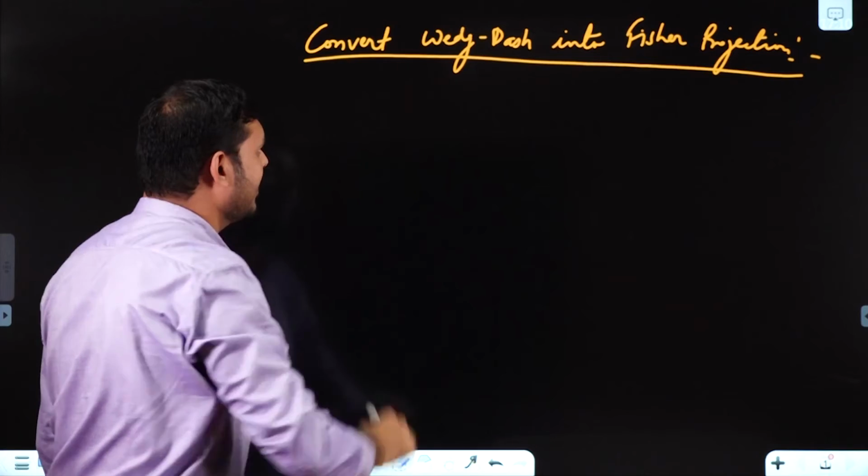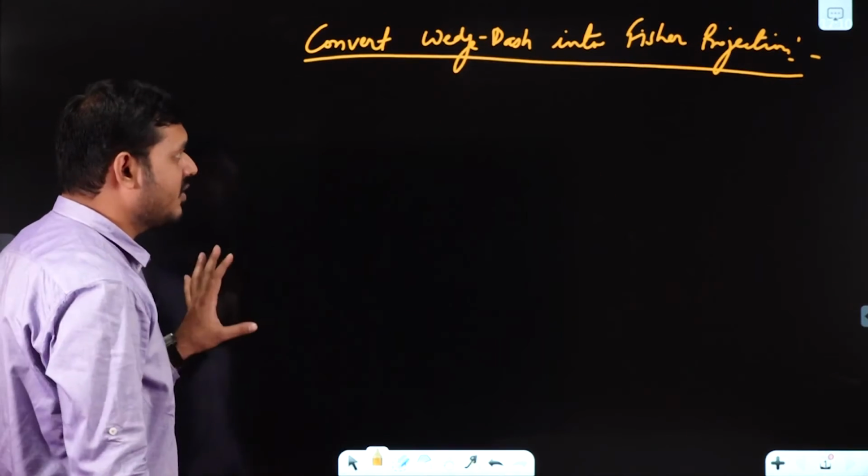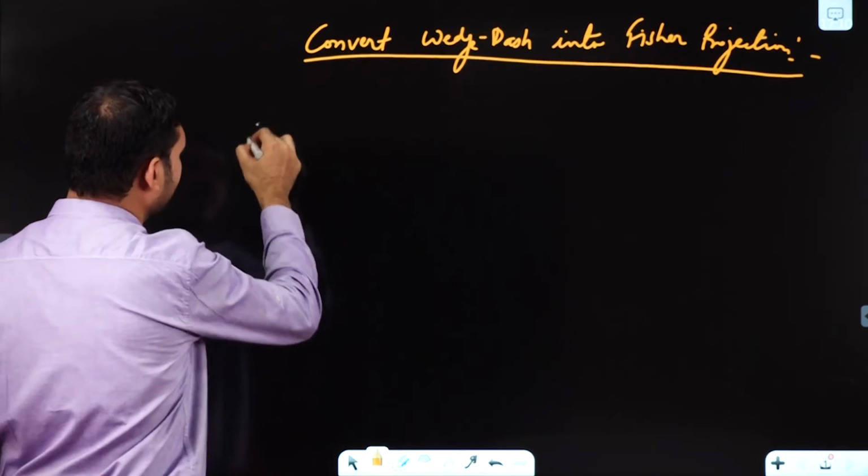Now the question is, convert wedge dash into Fischer projection. If you use the simple strategy I have told, you can make it very easily.